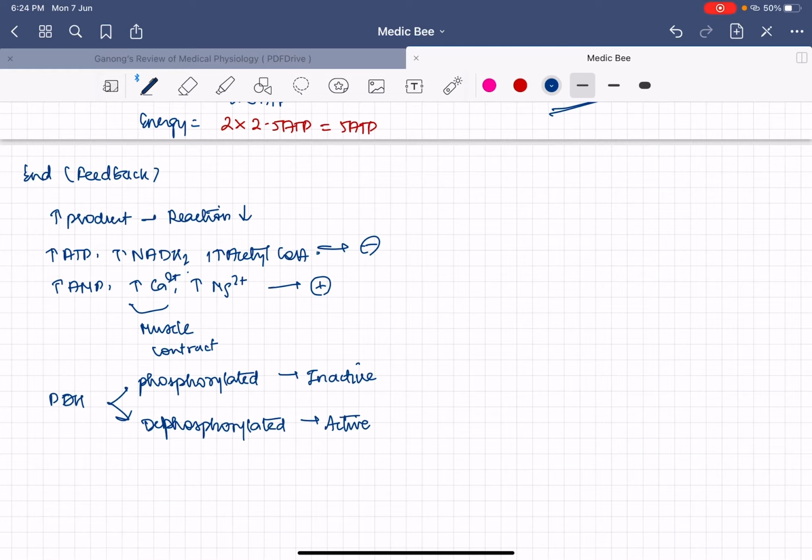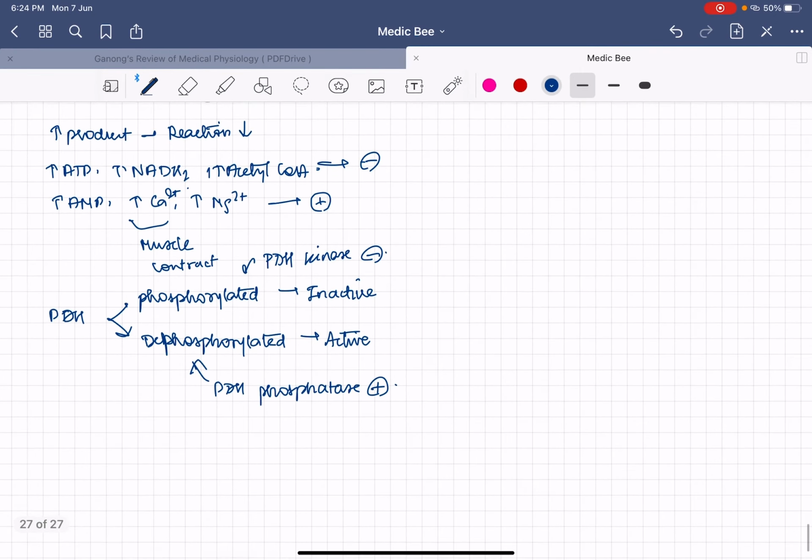So which enzyme causes phosphorylation? PDH kinase. Any enzyme that has kinase at the end will be phosphorylating. On the other hand, PDH phosphatase is the removal; the phosphate is getting removed. So PDH phosphatase will promote and PDH kinase will stop. So these are the regulations.